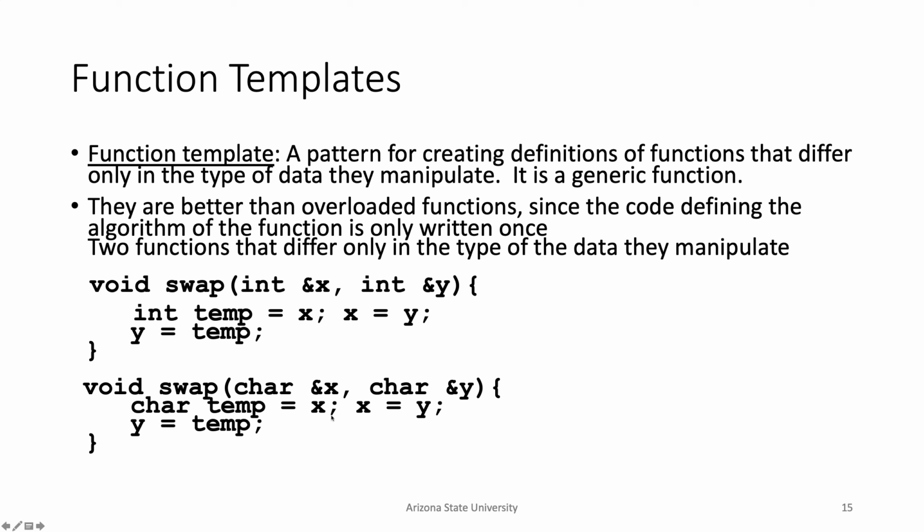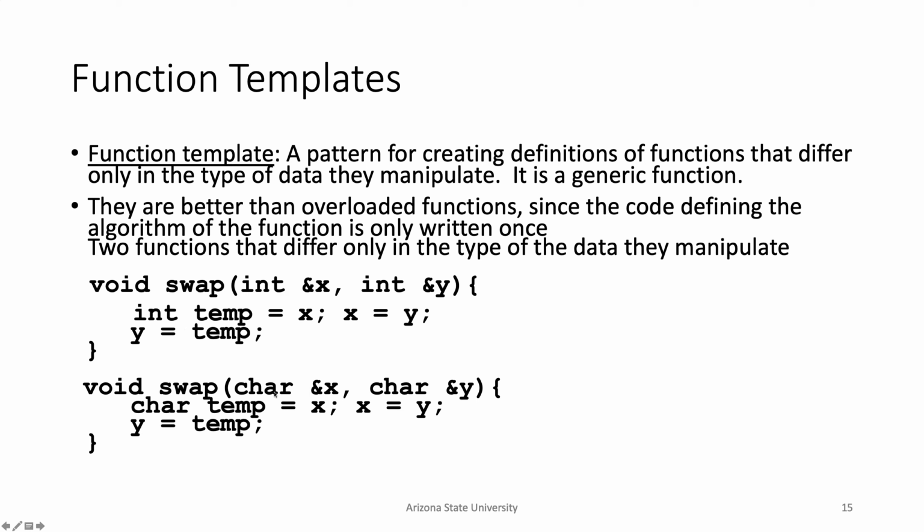But look at the inside of the functions and the return type and the names of the variables themselves. The only difference between the two is the type. Here it takes an integer by reference, and the temporary on the inside is an integer.